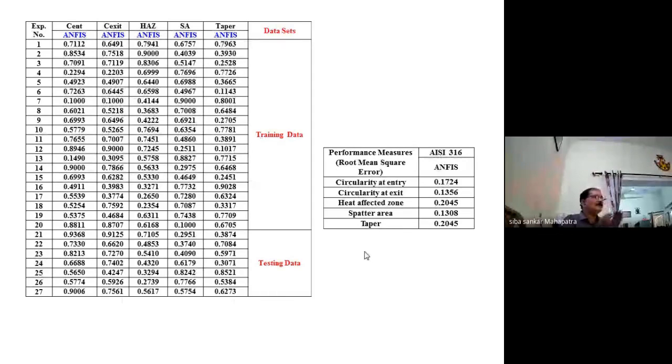I have given only a few aspects, that is neural network, that too the backpropagation algorithm. I have not covered all the types of neural network, only backpropagation, how to use that, and also how to use the ANFIS model using MATLAB.